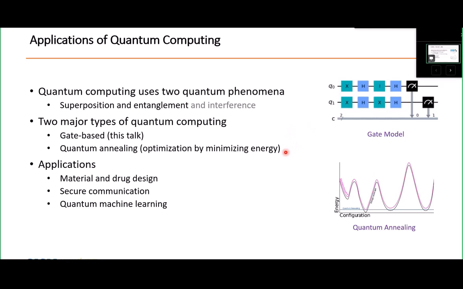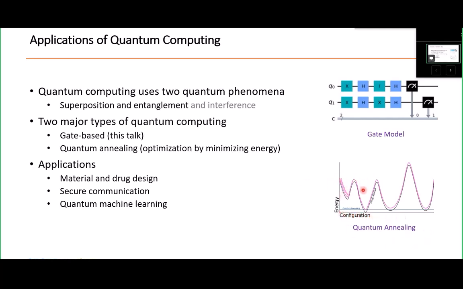Another that is also very promising is quantum annealing. We basically map some difficult problem, for example, an optimization problem, the traveling salesman problem, right? Map it to some quantum system, and then we let it find the minimum energy. So the quantum system has different configurations, right?